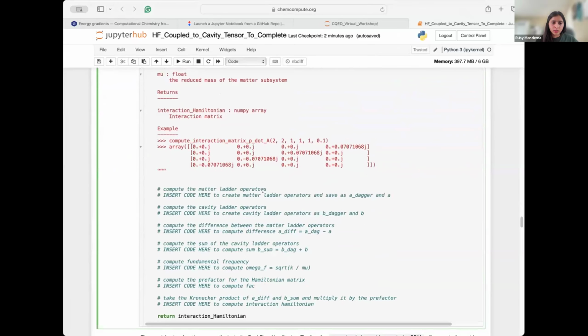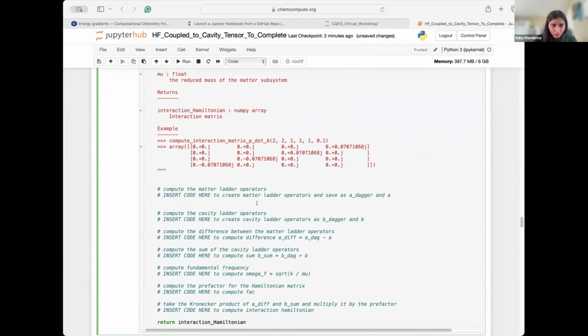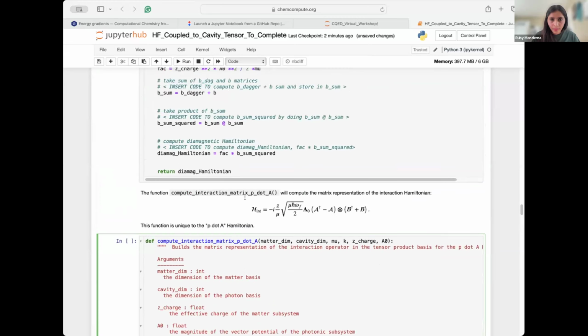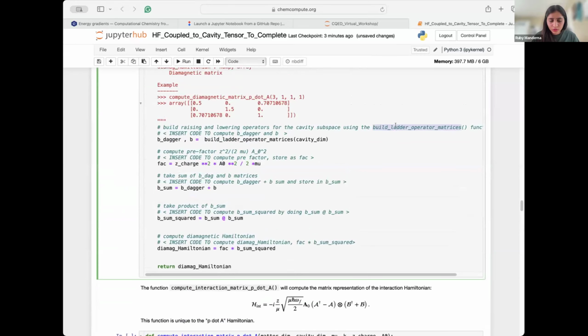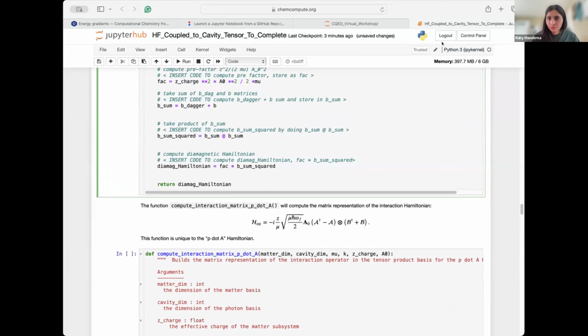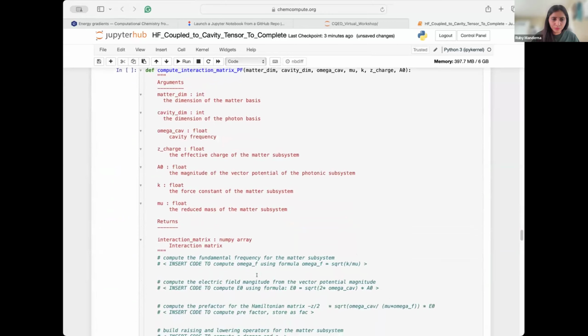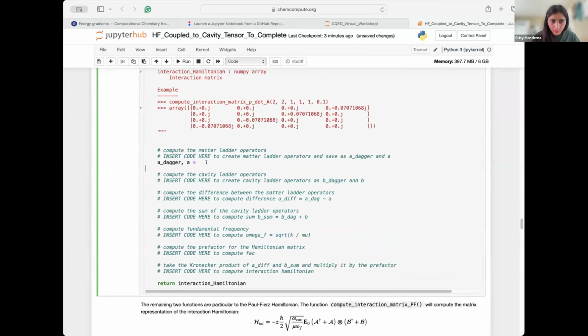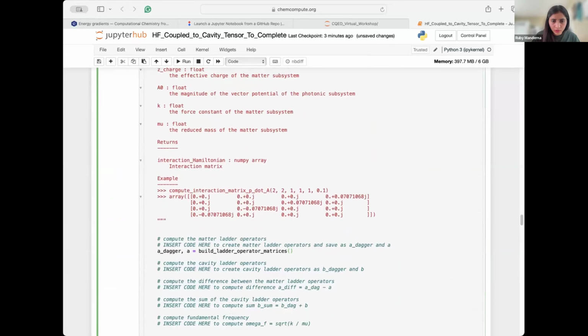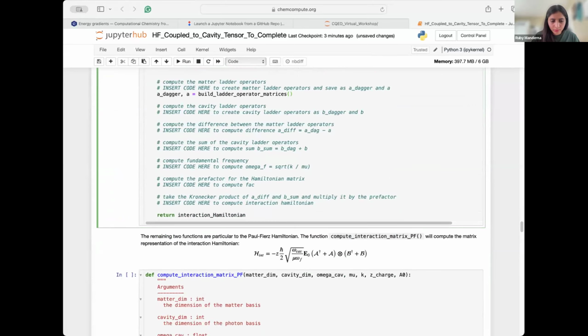So for this one, we will simply call, first, the matter ladder operator, and we will store them as A underscore dagger and A. We'll again need this function here, and for matter, we'll give the matter dimension, which is matter dim.